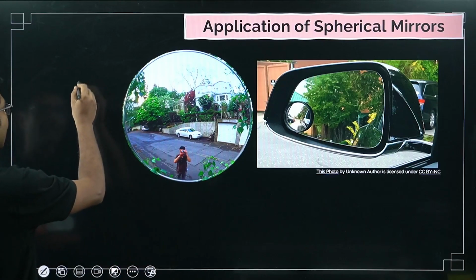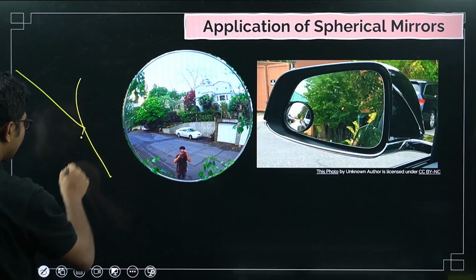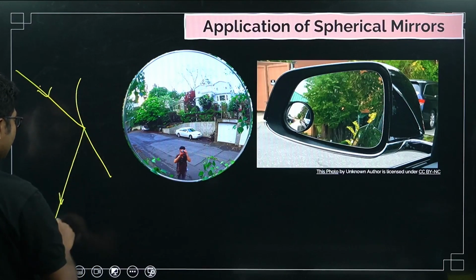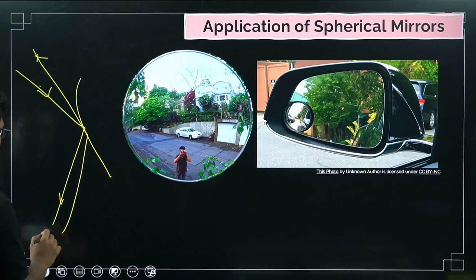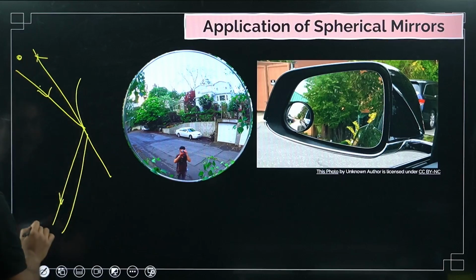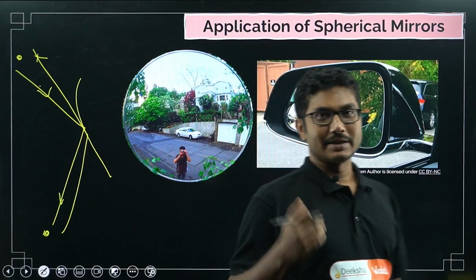Because it's a convex mirror, the ray of light coming from this side after reflection can reach this side. Similarly any ray traveling from this side after reflection can reach that side. So if you are standing here, the person who is standing there can see you are here and you can see he is there. So it is to avoid any accidents on the road.